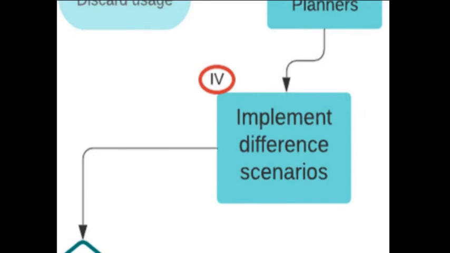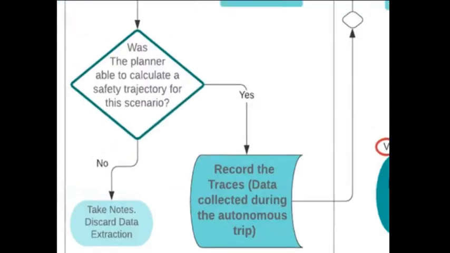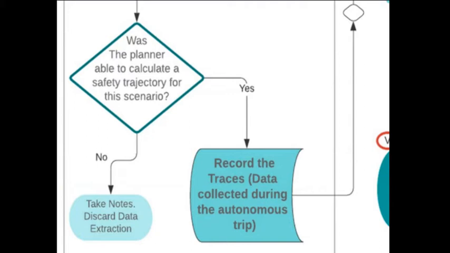Okay, then later I will implement different scenarios. I will code different scenarios to test the trajectory planner and decision making behavior. And finally, we will check if the planner was able to calculate the trajectory with safety in this scenario. If yes, we will go ahead and record the data. If not, we will just discard the data because the car collided and this is not interesting for us at this moment.